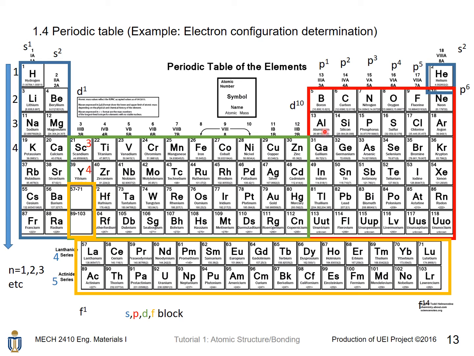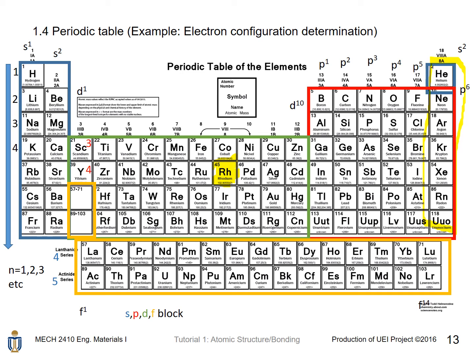Let's first find rhodium, which has an atomic number of 45, which is here. The closest noble gases, which are always in the rightmost column of the periodic table, are here.